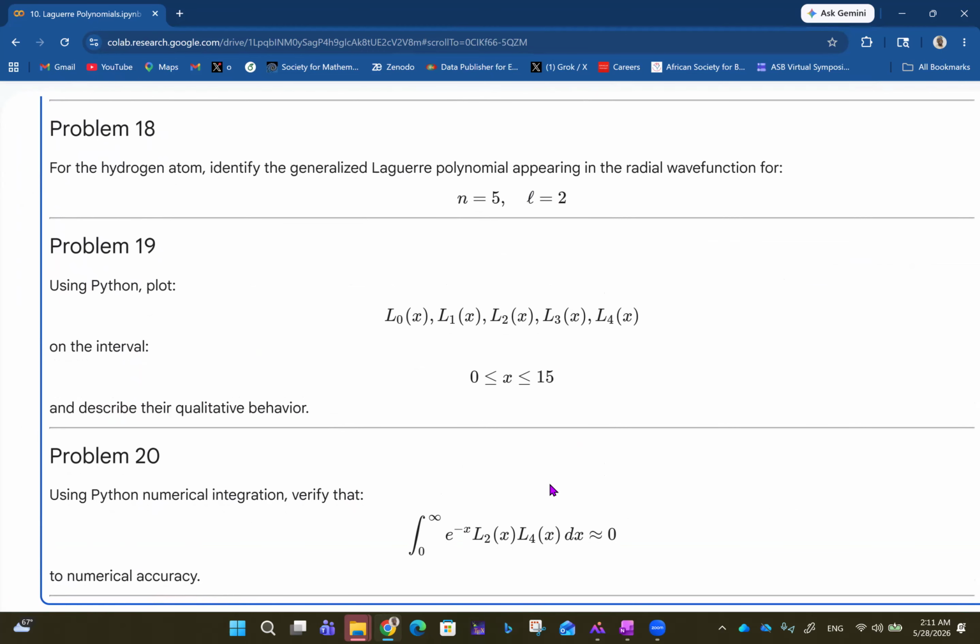So let's see. I'll be solving 2 as usual. The 2 will include problem 7 and problem 17.